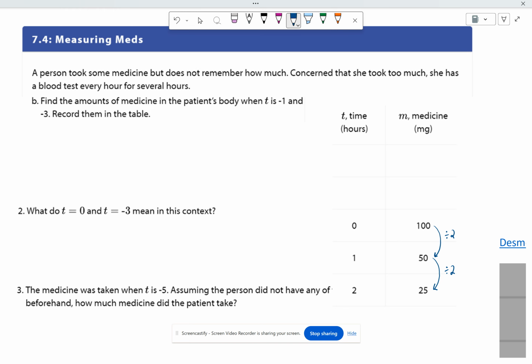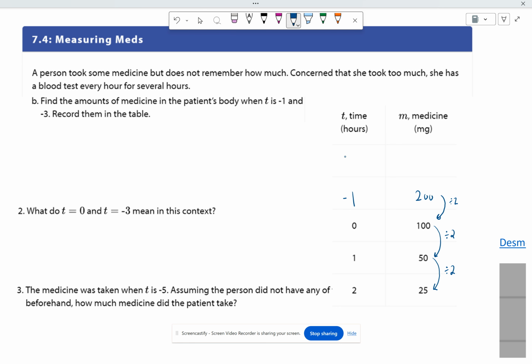So if that's the case, how much medicine did they have in their body an hour before? So if you look at this pattern here, we just want to go 1 hour before when they got their first blood test. So what number, when you divide it by 2, gives you 100? And if we double 100, that'll tell us that answer. So 200 is what it must have been an hour earlier because it's going down by a half.